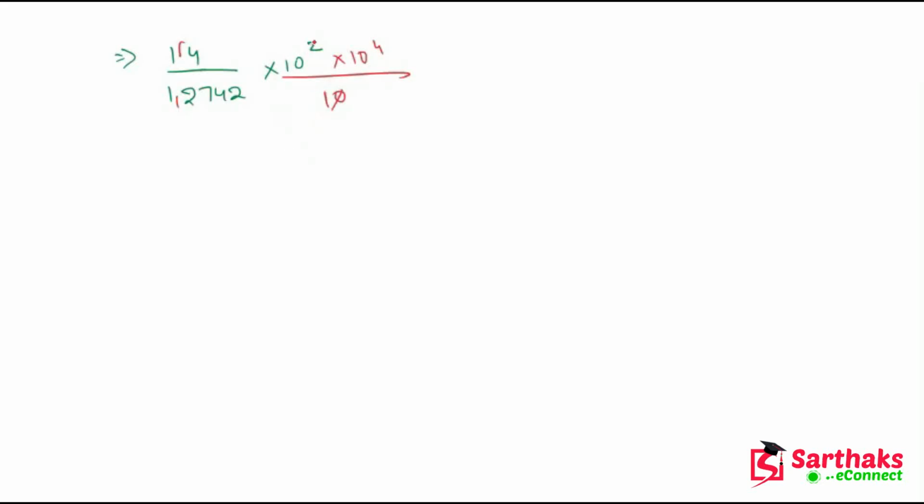So this one 10 is cancelled, and we get 14 upon 12742 into 10 raised to power 5. Here is 10 raised to power 4 and here is 10, so this becomes 10 raised to power 5.